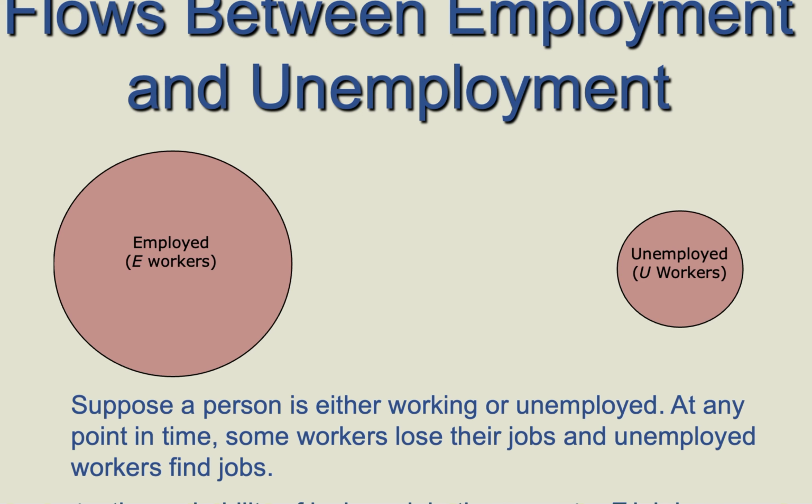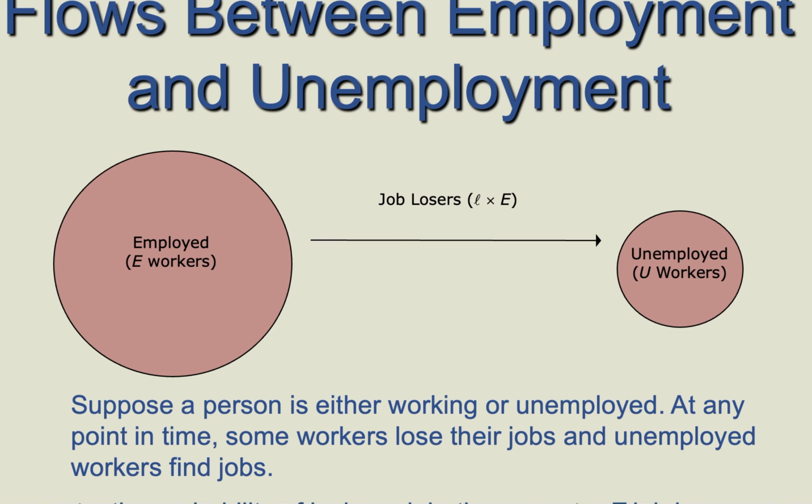So at any particular point in time, some workers lose their jobs and some unemployed workers find jobs. To describe those two situations, let's say L denotes the probability of losing a job. Therefore, we can say that L times E denotes the number of employed workers who lose their jobs in the economy. As I have mentioned earlier, E is 180 million people.